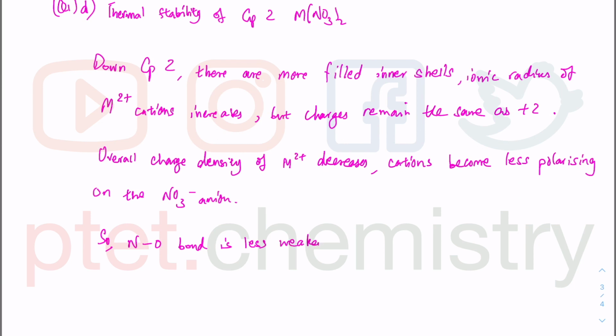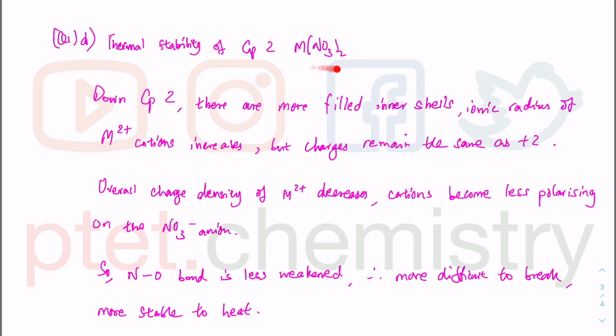If it is less weakened, it's not as easy to break, so therefore more difficult to break. If it is more difficult to break the covalent bond, we can say more stable to heat. If it is more stable to heat, then obviously it requires higher temperature to decompose, and that's why the thermal stability of the group 2 nitrates increases down the group, they become more stable.